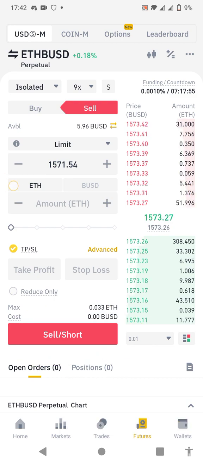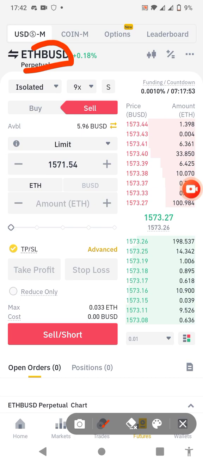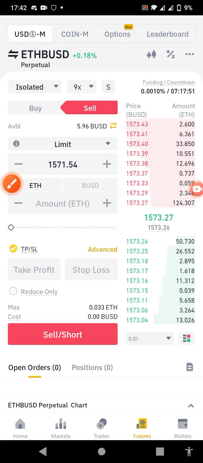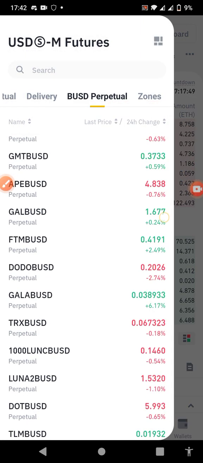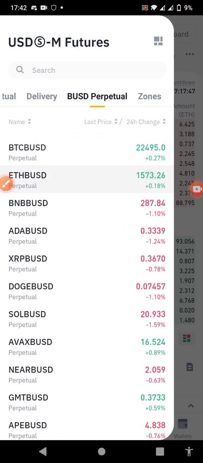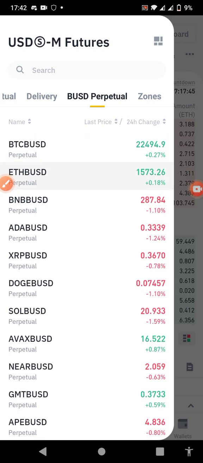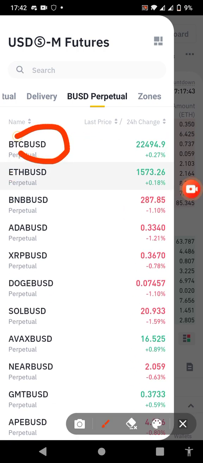Now this is ETH-BUSD. It's not only Ethereum you can trade. By clicking on it, you can trade all of these perpetual contracts. If you are trading the BTC-BUSD perpetual contract, it means your strategy tells you that Bitcoin will either rise or fall.